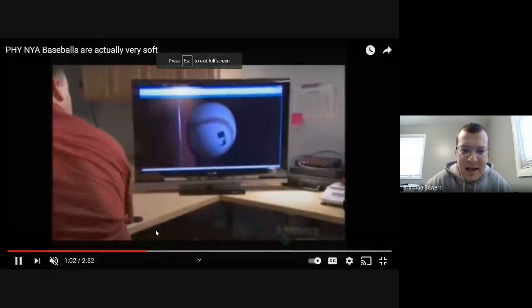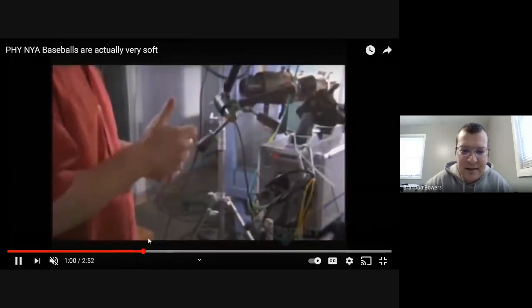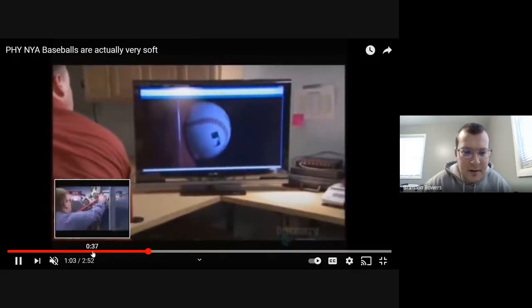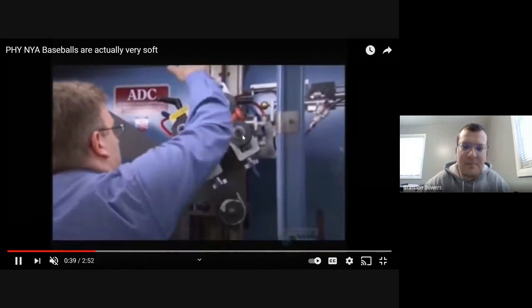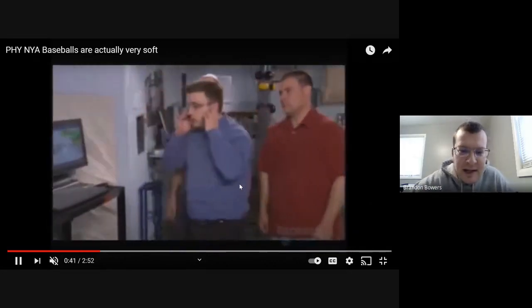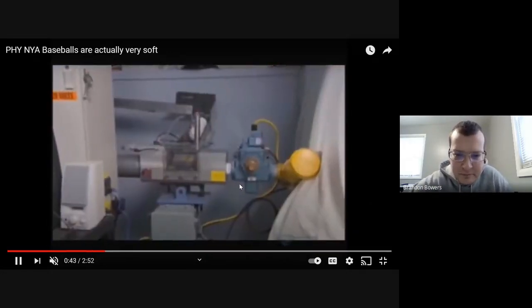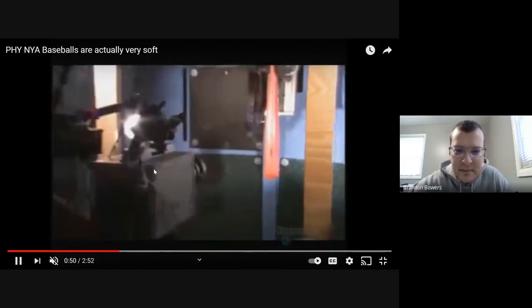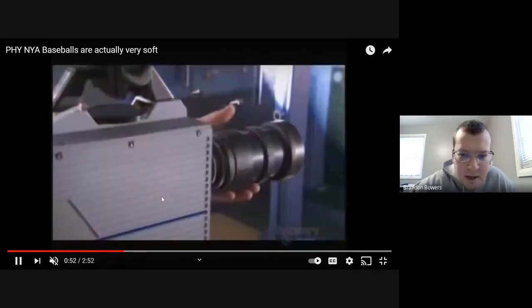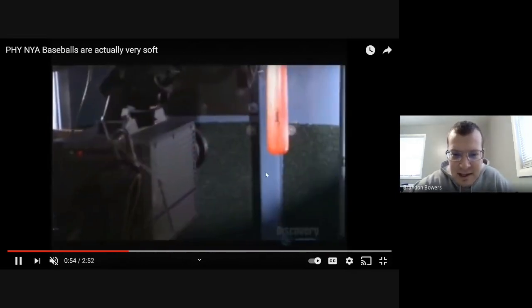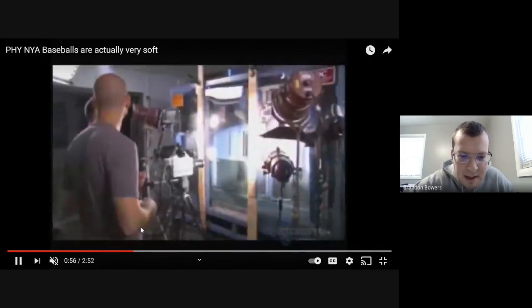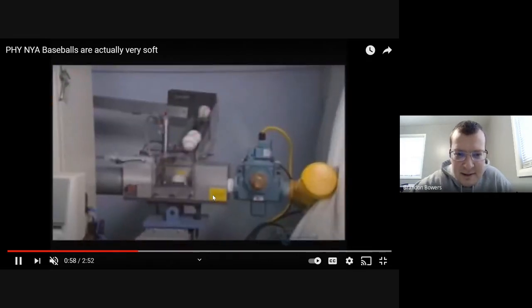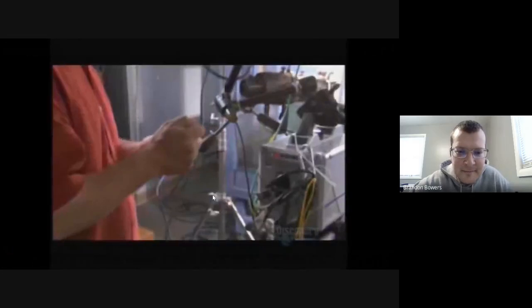Another example is hitting a baseball. They did this experiment where they hooked a bat up to a machine and tossed baseballs at it. I have the volume off, but they did it in slow-mo, and what you can see is the ball compressing.